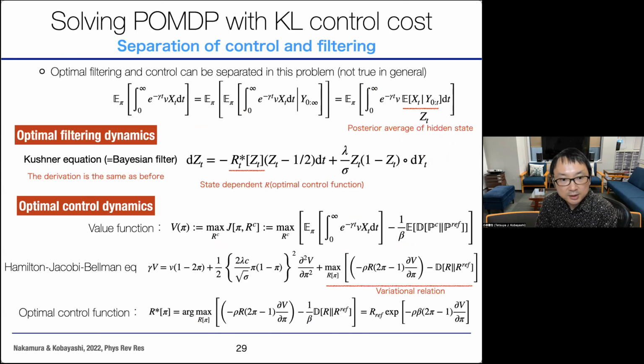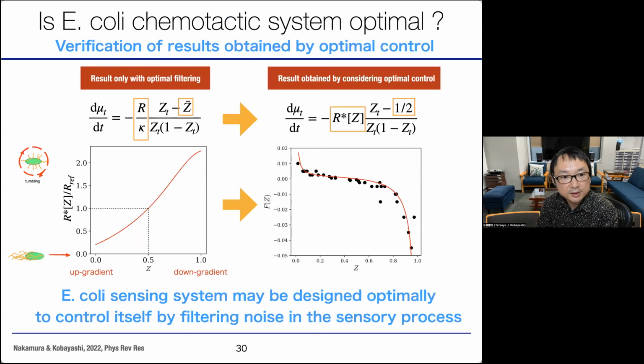I skipped this detail, but basically, by using the technique of the partially observable Markov decision process, we solve this problem by introducing the HJB equation for the optimal control and value function. By considering the control downstream of the sensing, our previous result for the right-hand side of the maturation level is updated like this.